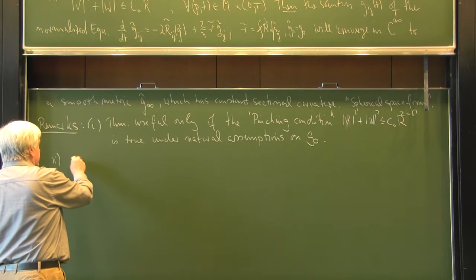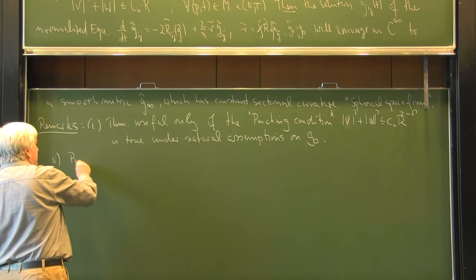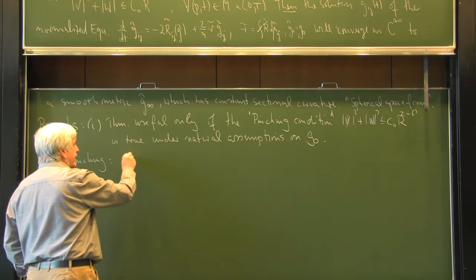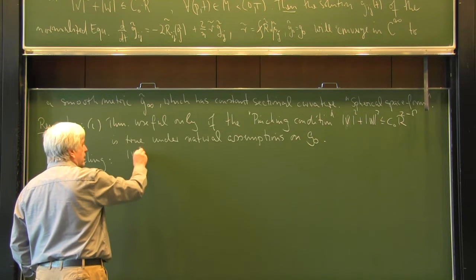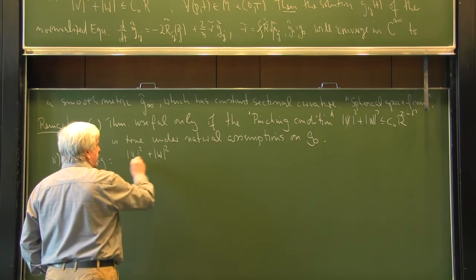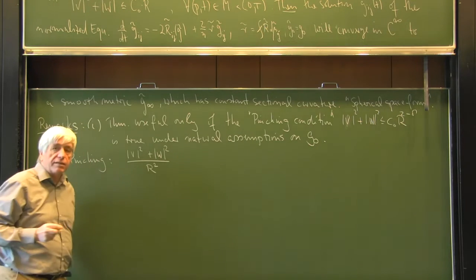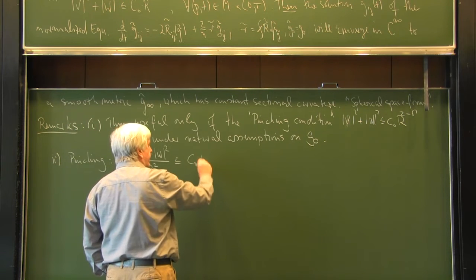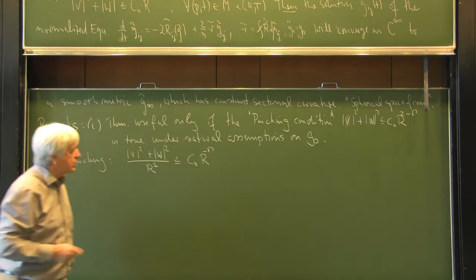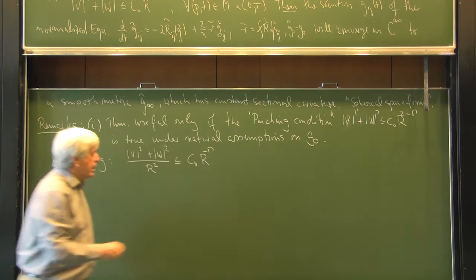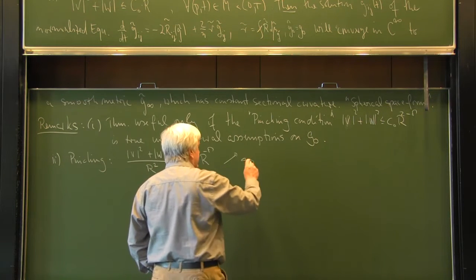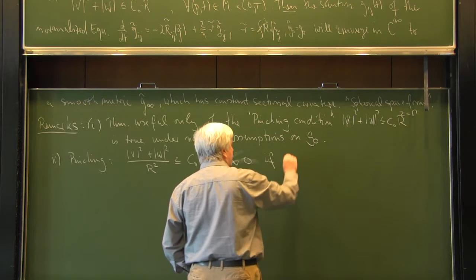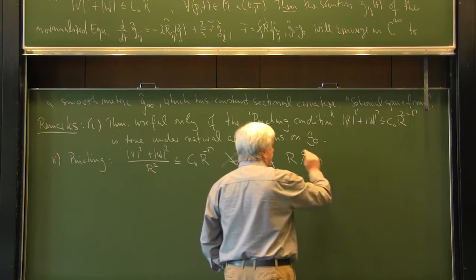Well, the condition is called pinching because when you rescale in such a way that you rewrite the inequality such that you have a scaling invariant quantity on the left-hand side, then on the right-hand side you end up with r to the minus delta, so some small negative power, and this of course tends to 0 if the scalar curvature r tends to infinity.